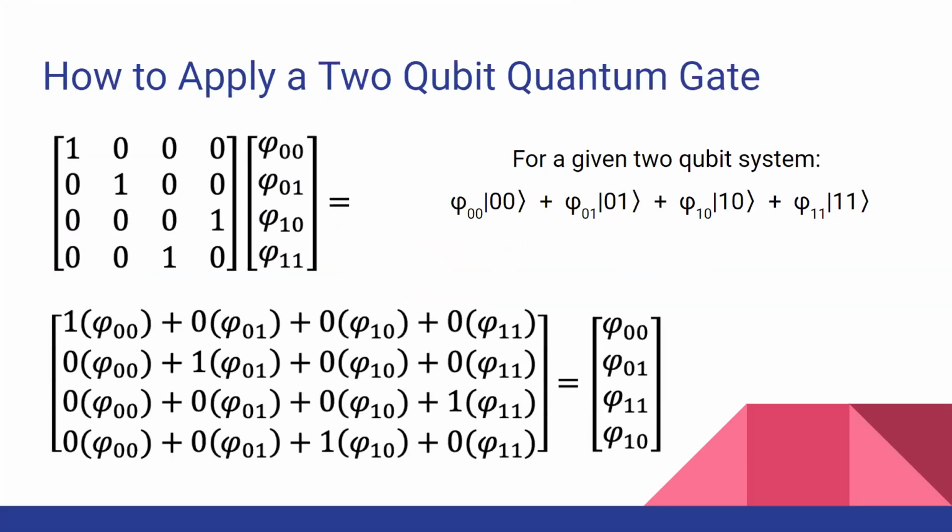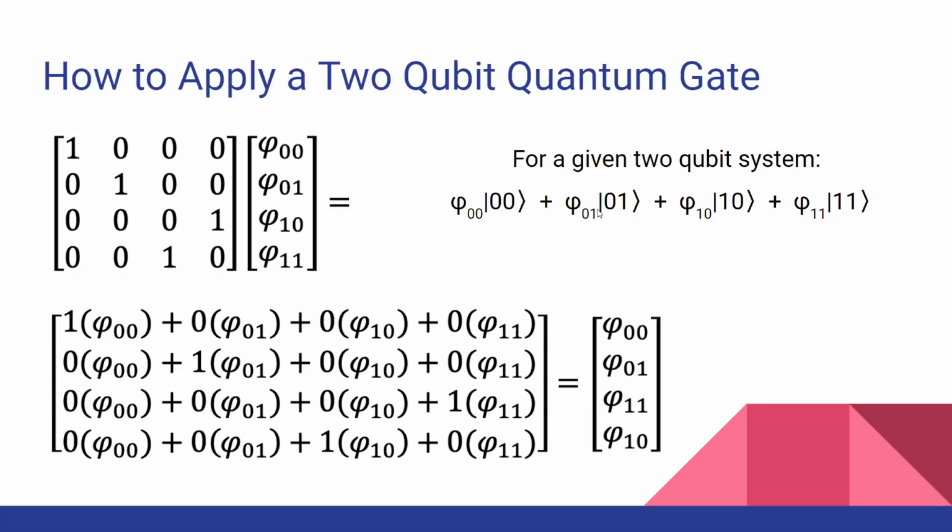So now let's look at how to apply a 2-qubit quantum gate. Here's our state vector, phi 0,0, 0,1, 1,0, 1,1. When we apply the quantum gate, this is the output. If you take a look at the input versus the output, we see that the first 2 probability amplitudes did not change. That makes sense, right? Because in both of these situations, the first qubit is 0.